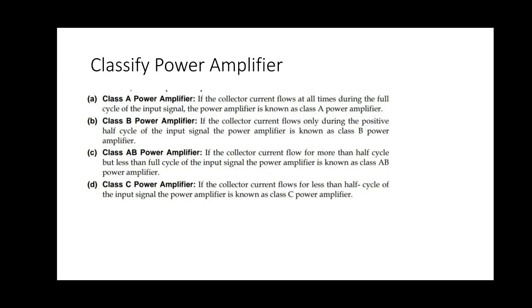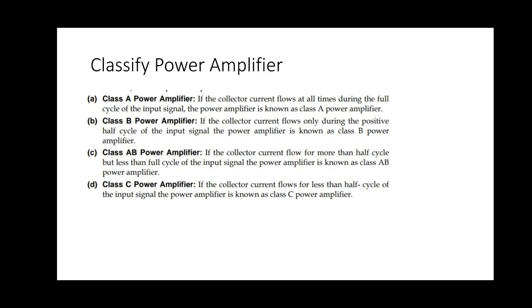In class A, the period of conduction angle is 360 degrees, a full cycle. Period of conduction means the circuit is working for the applied sinusoidal signal, the total 360 degree cycle at the input side. In class B, the period of conduction angle is 180 degrees, that is, only the positive half cycle at the input appears and the remaining part is removed.